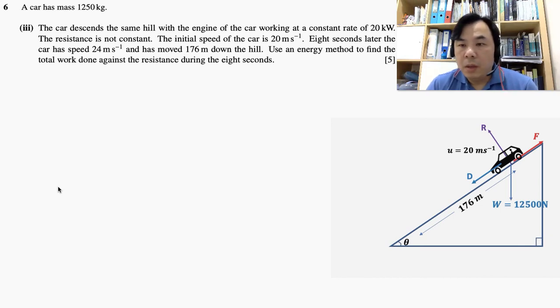It has picked up speed due to the gain in gravitational potential energy and also energy provided by the engine itself, right? The car would have moved a distance of 176 meter down the hill. Here we are restricted in our approach because the question wants us to use an energy method to find the total work done against the resistance during the 8 seconds.